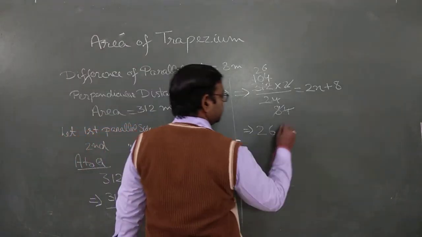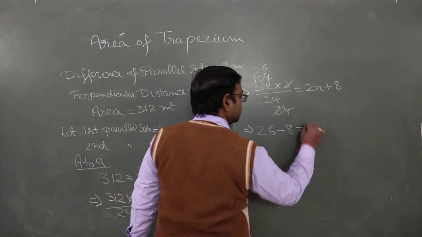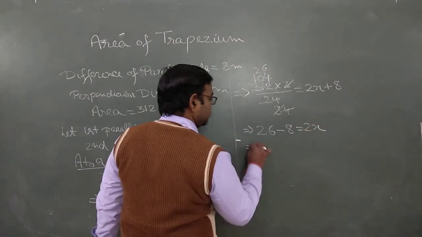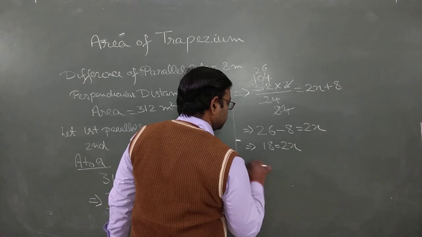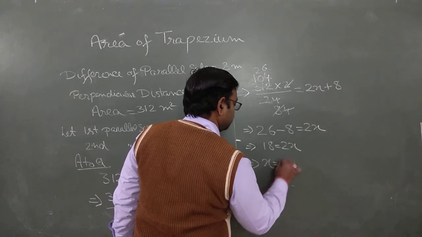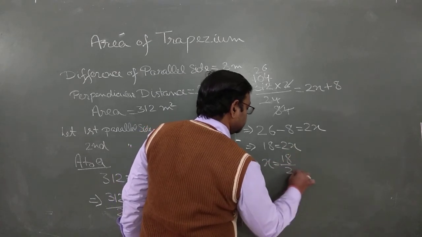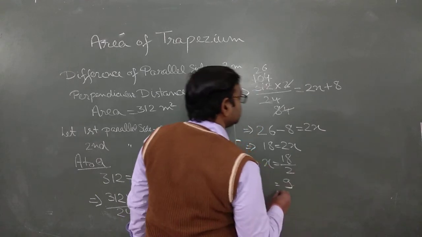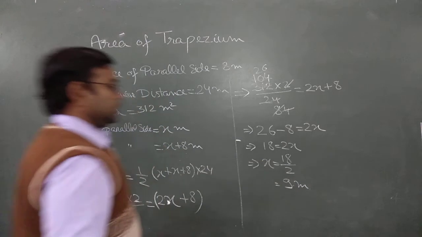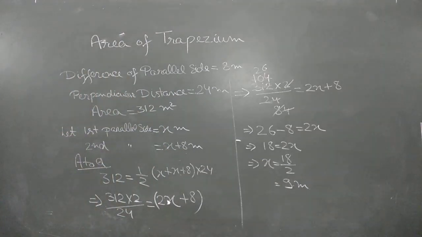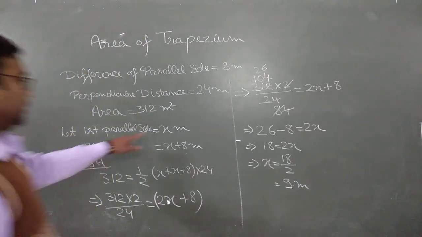and bring this 8 to this side. 26 minus 8 equals 2x. It's 18 equals 2x, so x equals 18 upon 2, which is 9 meter. So one of the parallel sides is 9 meter.